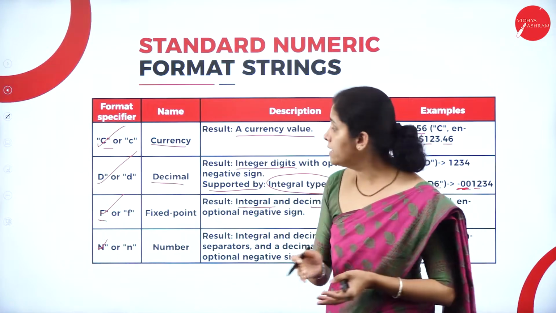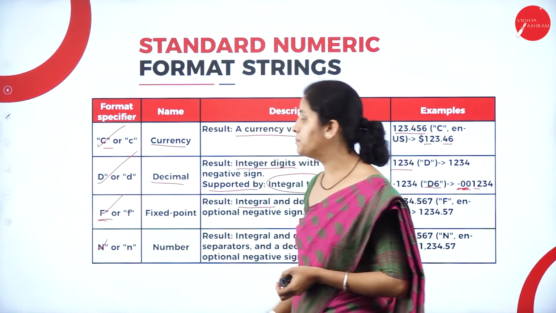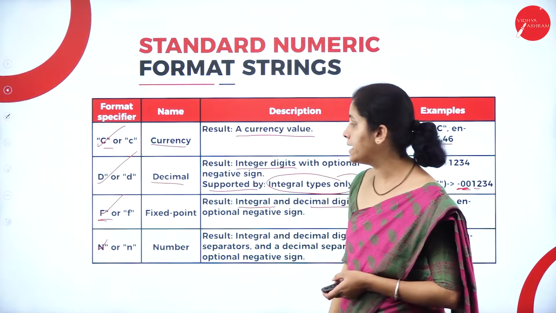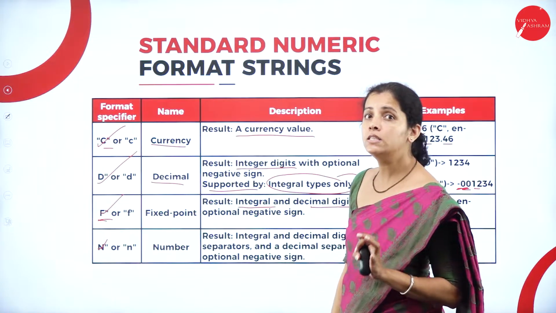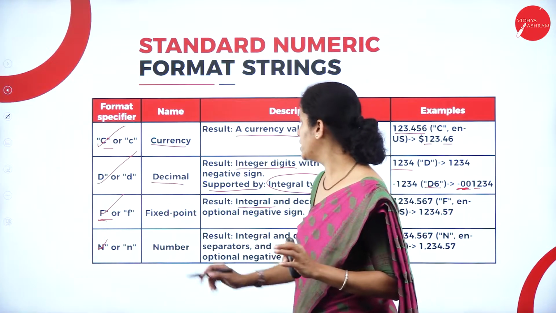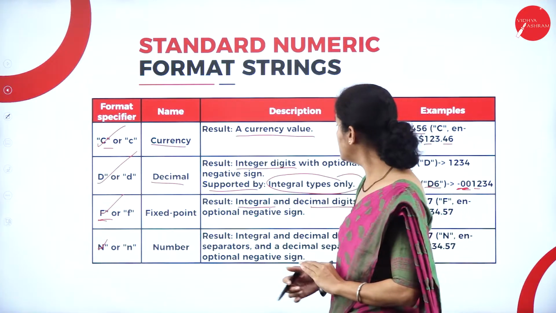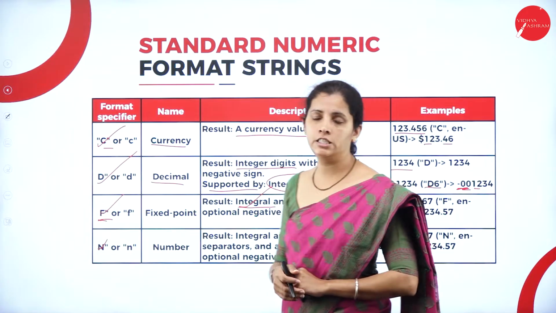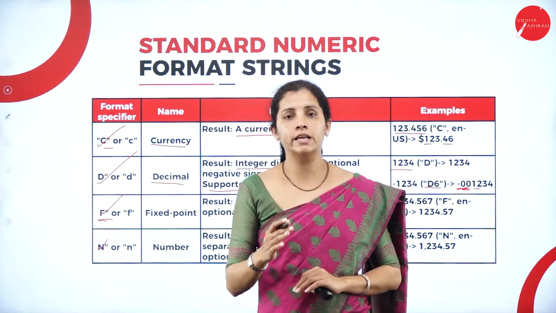So dear student, now I have floating point, that is nothing but capital letter F or small letter f. What is this? It's nothing but the floating point, and it results in integral and decimal digits with an optional negative sign.